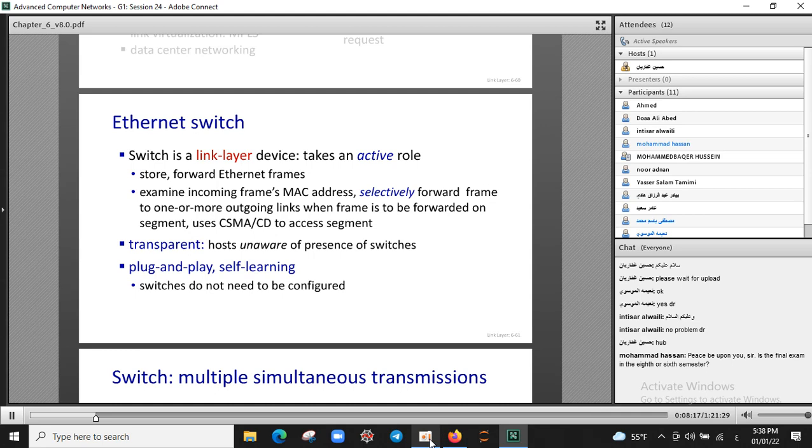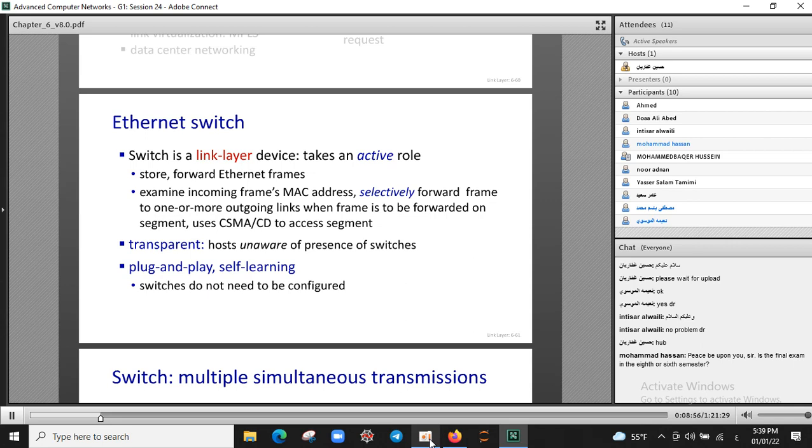For example, it will reduce the TTL by 1, recheck the checksum, and do things like that. Maybe it changes some other information, or makes segmentation over a received packet. So a router can change the content of a packet, but a switch cannot.